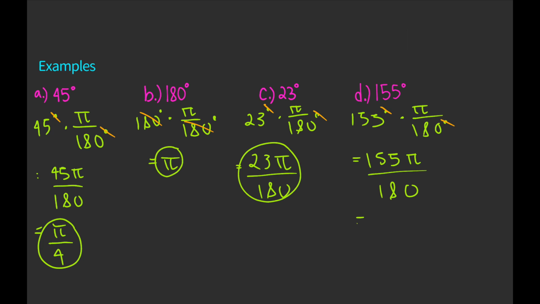We can simplify, and if we divide the top and the bottom by 5, 155 divided by 5 equals 31 pi over 180 divided by 5, which is 36. And that's our answer. So 155 degrees equals 31 pi over 36.